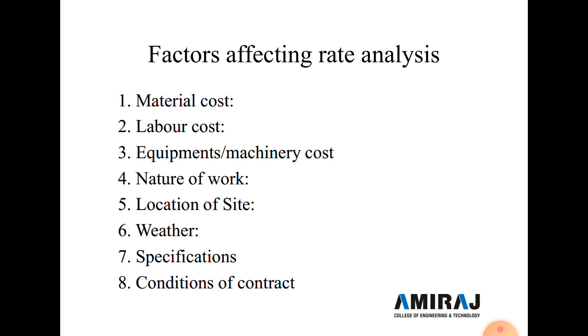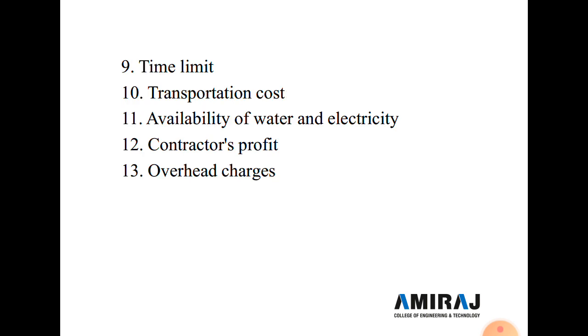Now eighth is the condition of contract. If the conditions of contract are very steep, the rate of the various items will be higher, and vice versa. And the ninth factor is time limit.